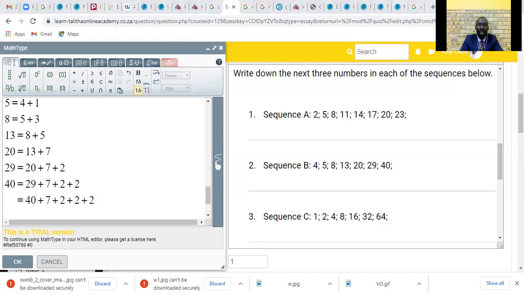Now, notice that we can check what we have got with the calculator so that we make sure everything is right. With the calculator, we add 7 to 40, then we add 2, then 2, then 2. That will give us a 53, meaning here we have a 53.